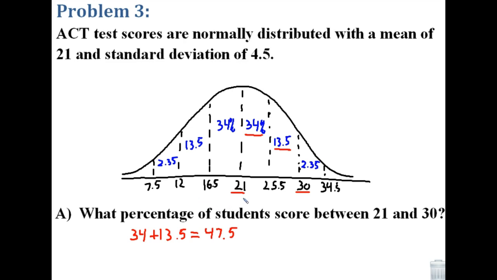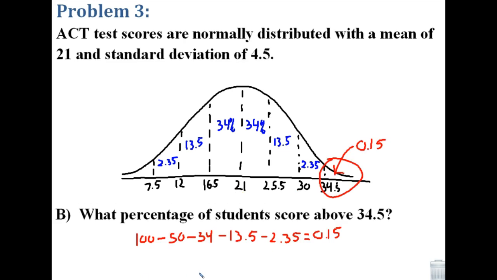Remember, to figure that out, we'll just add up all the percentages that lie between the 21 and the 30. So that would be 34% plus 13.5, which gives us 47.5 percent. Part B, what percentage of students scored above 34.5? 34.5 is 1, 2, 3 standard deviations up from the mean.